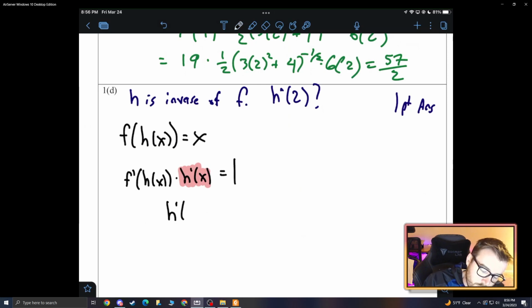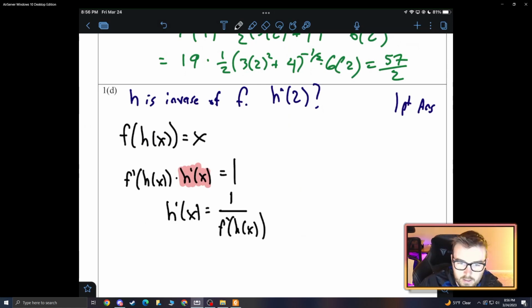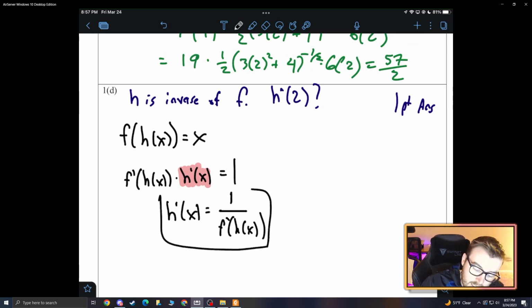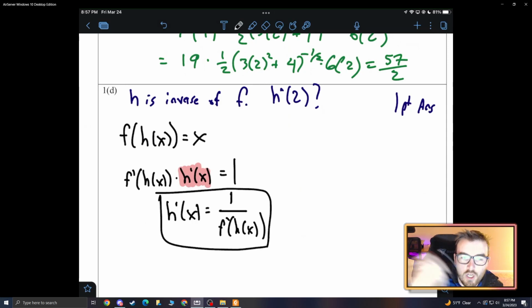So h prime of x, the derivative of the inverse, equals 1 over f prime of h of x. And that is what you memorize on your flashcard. It might have been the letter G instead of the letter H. I don't remember. But that is the derivative of the inverse. 1 over f prime of h, 1 over the derivative of the OG function of the inverse, right?